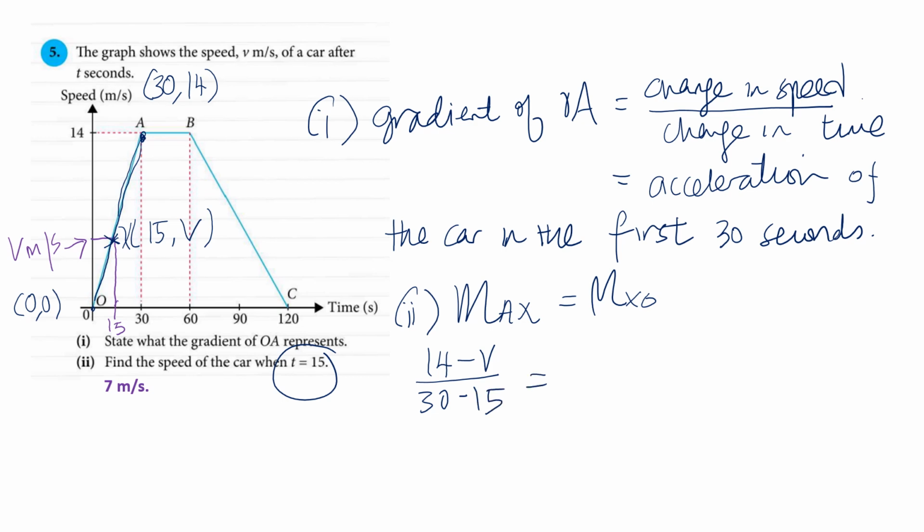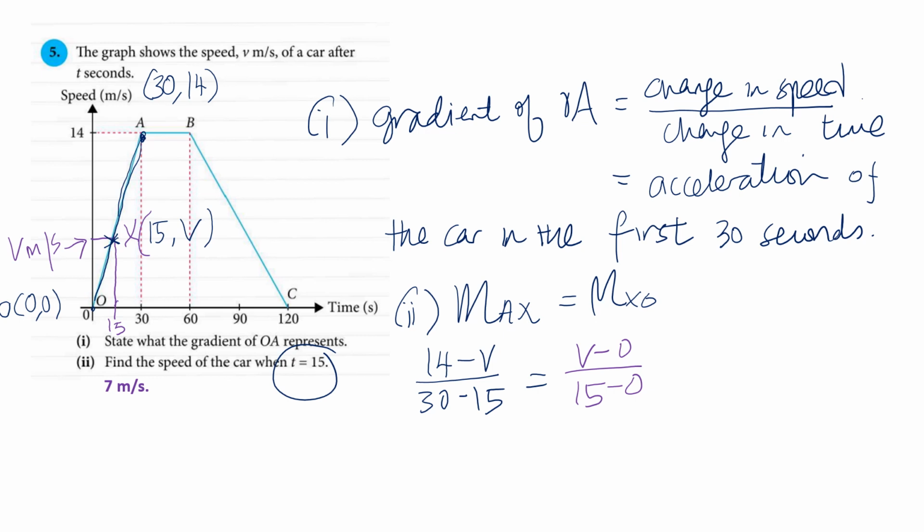Then the gradient of XO will again be y2 minus y1 over x2 minus x1. So that will be v minus 0 over 15 minus 0.